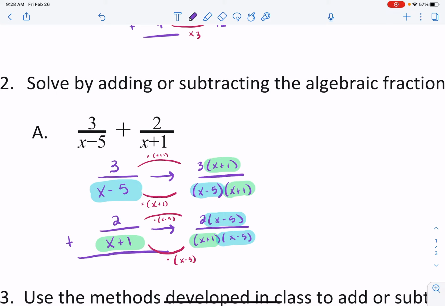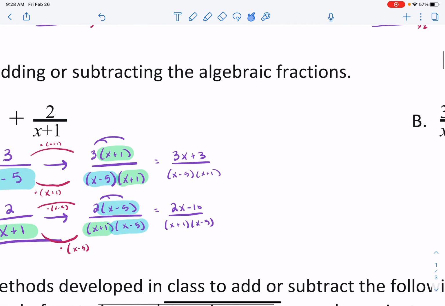We could do a little bit of simplifying because we can distribute. So this becomes 3x plus 3 over x minus 5 times x plus 1. And if I distribute here, this becomes 2x minus 10 over x plus 1, x minus 5. So now, because they have the same denominator, we can add the numerators.